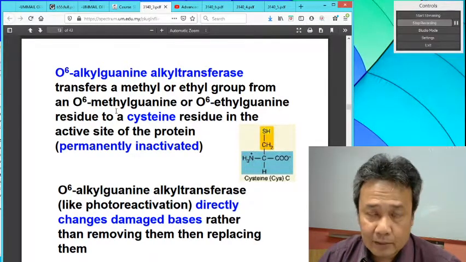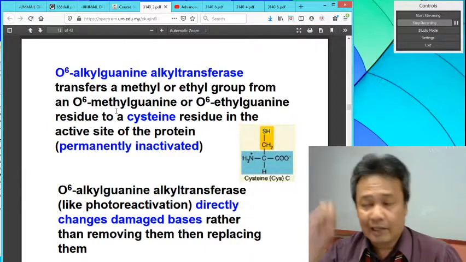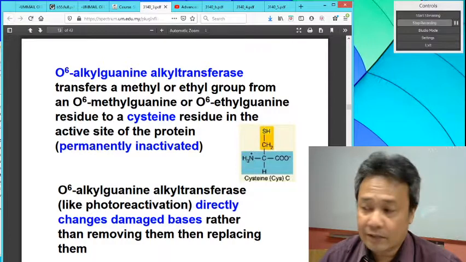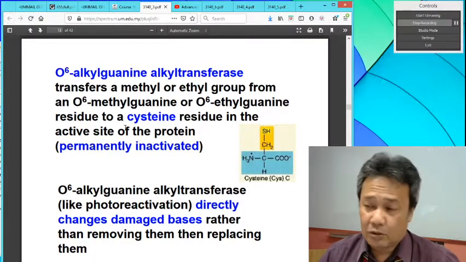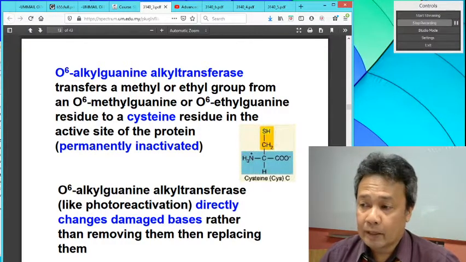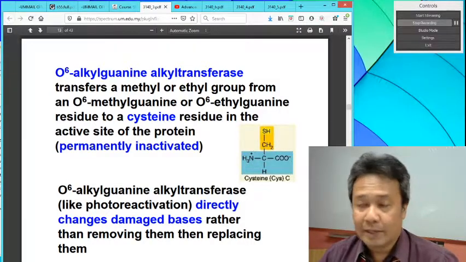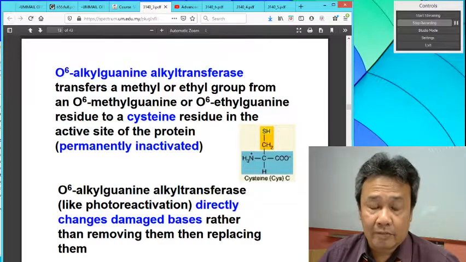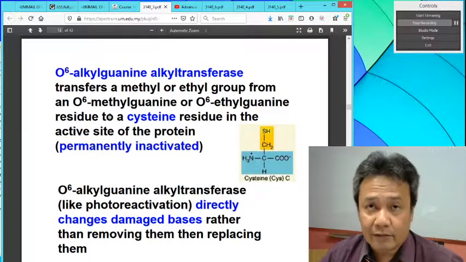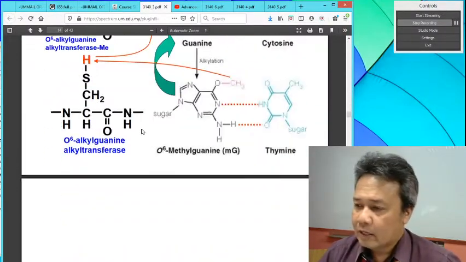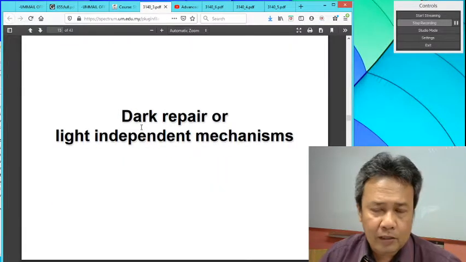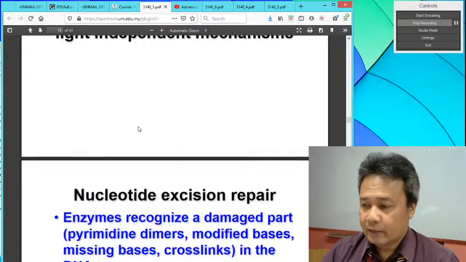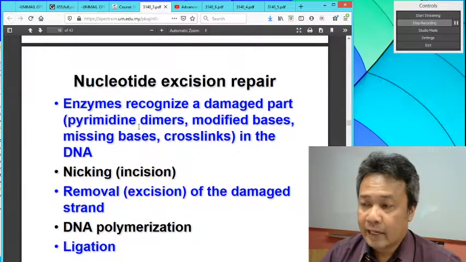So this is the problematic G; it takes the methyl out and puts it onto itself, onto a cysteine residue in the active site, and this results in the transferase being permanently inactivated. So it's sort of like suicide for a good cause. All right, so these are two examples of direct repair, and for the rest you talk about indirect repair.